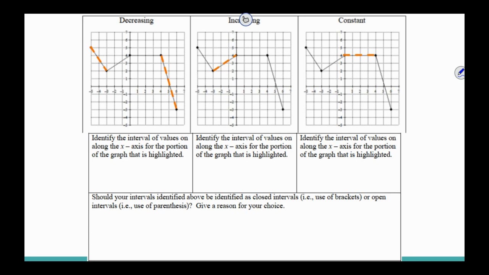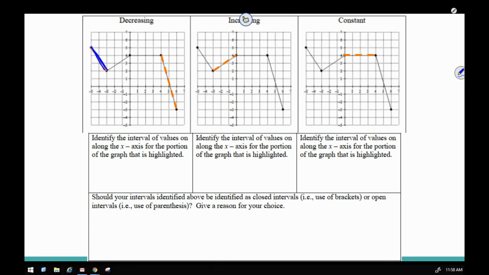So for decreasing, we said everything between -5 and -3. And, or union, what number to what number? Is that 4 and 6?